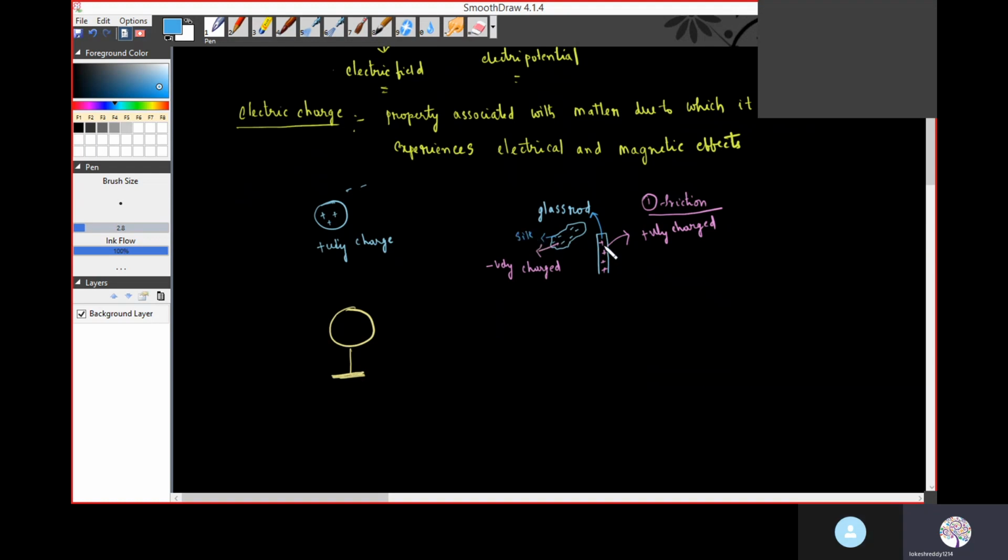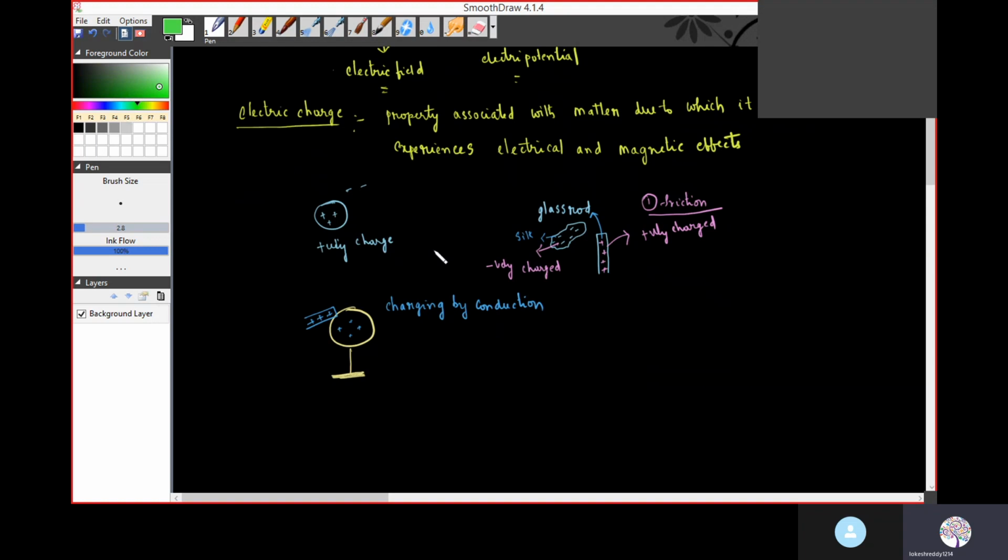Silk acquires negative charge, and the glass rod acquires positive charge. Then you keep this positively charged glass rod in contact with the metal sphere placed on an insulating stand. Then the sphere acquires some positive charge. This is called charging by conduction.